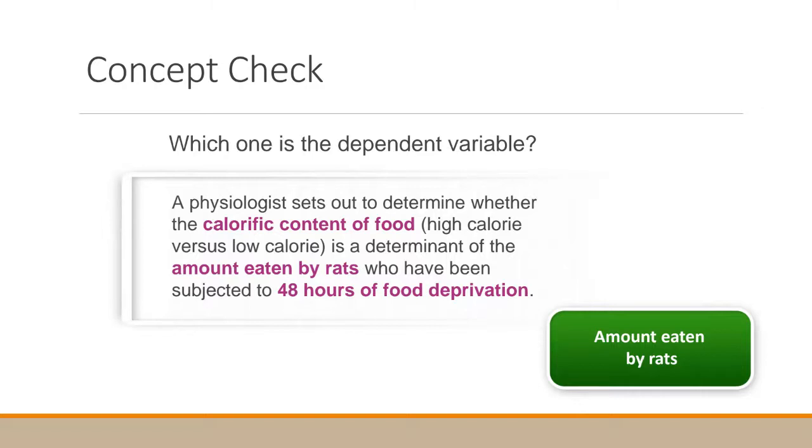Which is the dependent variable? The dependent variable is the one that the experimenter doesn't manipulate. In this instance, the physiologist would manipulate which food it gives the rats and its calorific content. That would be the independent variable, and the dependent variable will be the amount eaten by the rats.